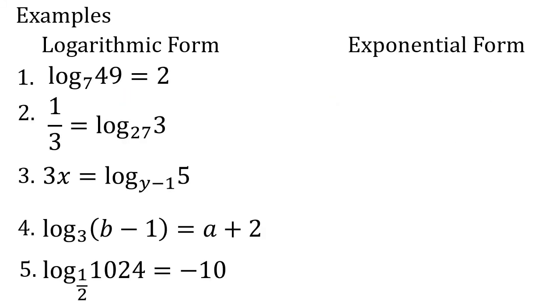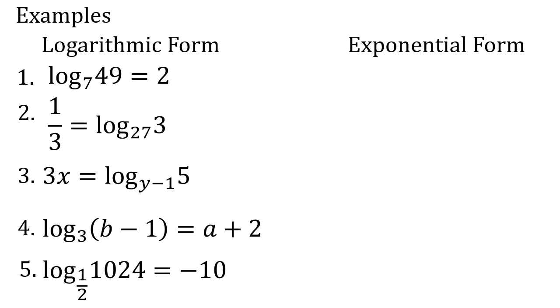Now for some examples, some equations are given in logarithmic form. Let us express these in exponential form. First, we have log 49 base 7 equals 2. What's the base? The base is 7, the exponent is 2, and the answer is 49.